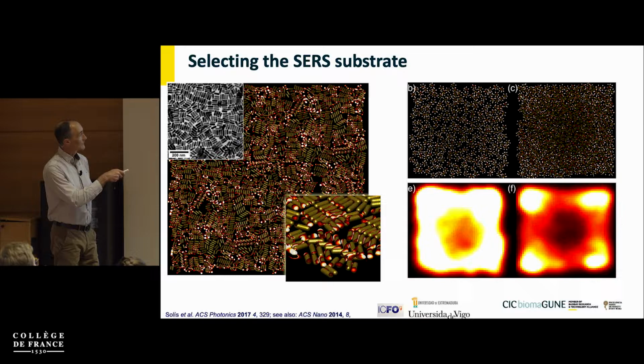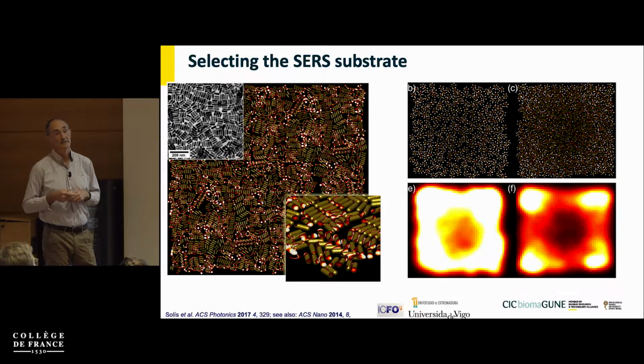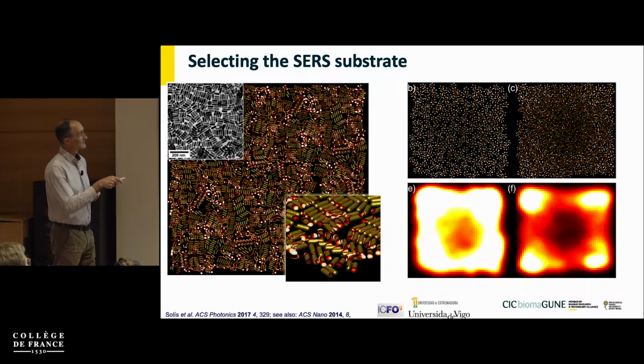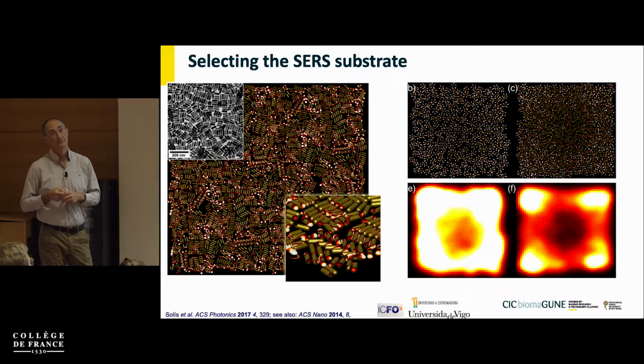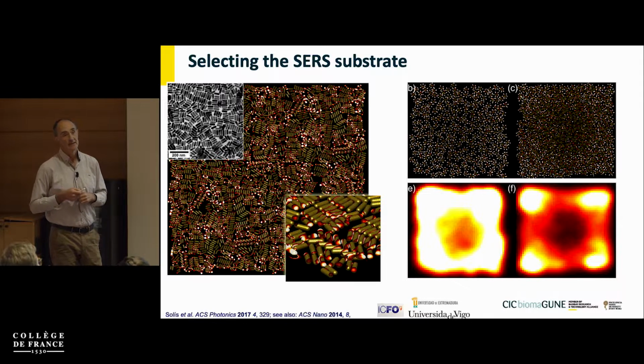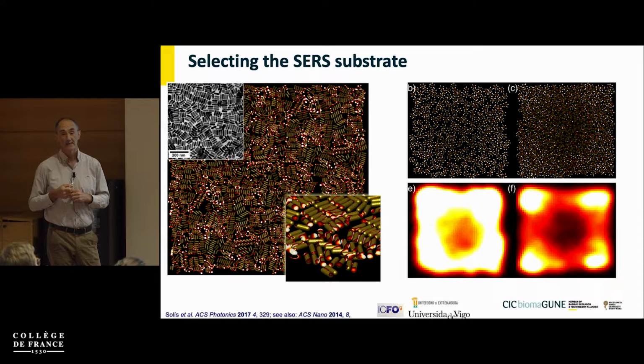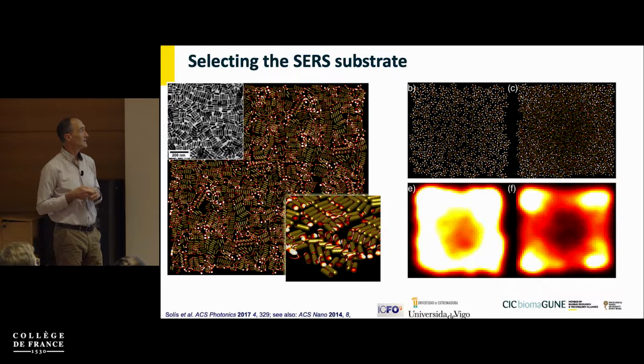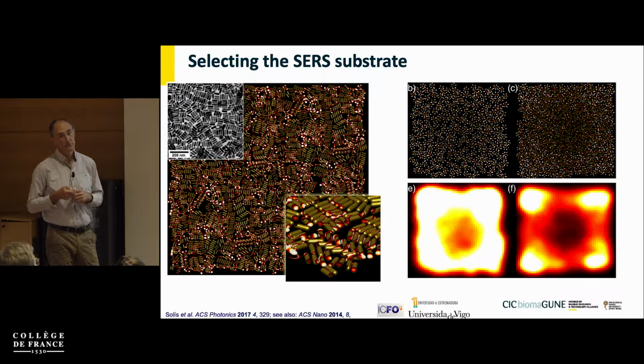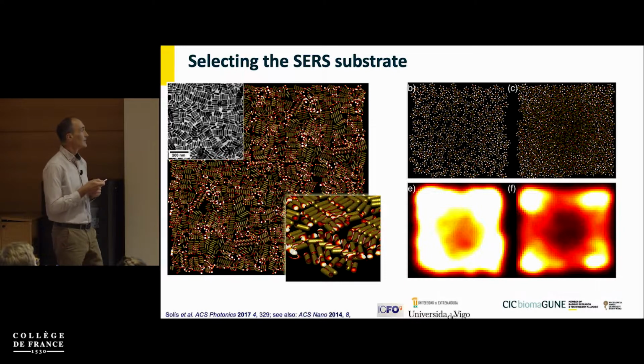But if you calculate now the response when the particles are getting very close to each other and even entangled, the simulation tells you that you will obtain a sort of destructive interference, meaning that the signal will be lower than what you expect and even lower than what you get for a less dense array of nanostars. And I'll show you that this actually fits with experimental data.